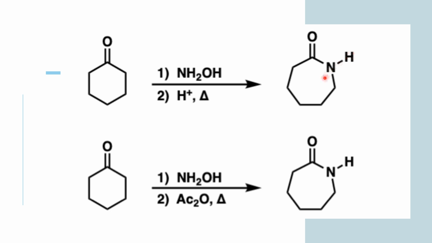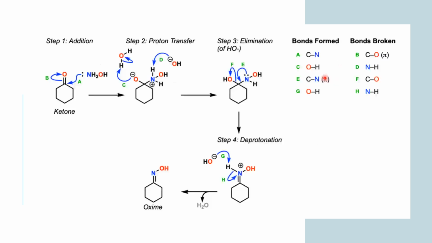Let us see how this reaction takes place, starting from a ketone to a cyclic amide. This reaction follows the mechanism of the Beckmann rearrangement. So let us see what happens in the Beckmann rearrangement.